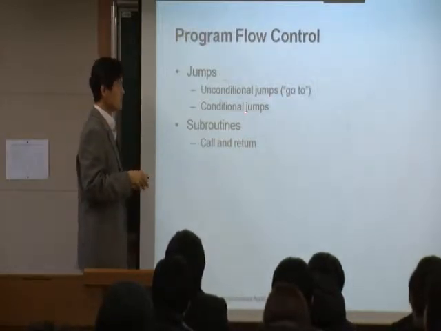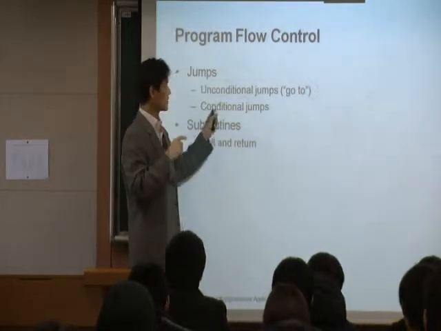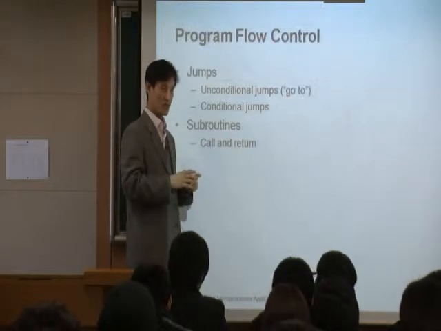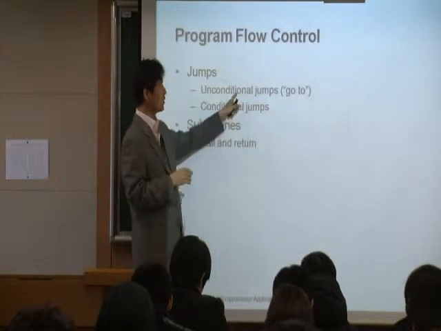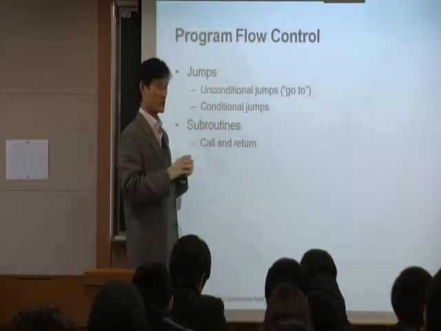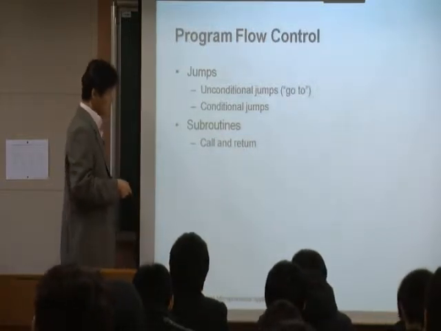What this means is that you are going to jump only when your condition is met. It's not always jump. This one, you're going to jump only when your condition is met. We'll look at it in more detail.